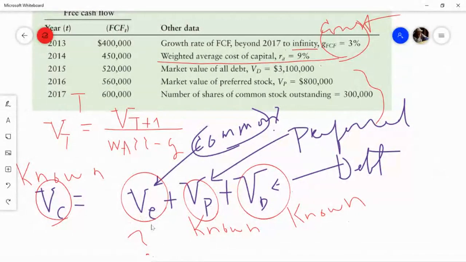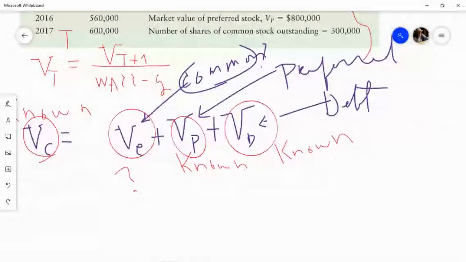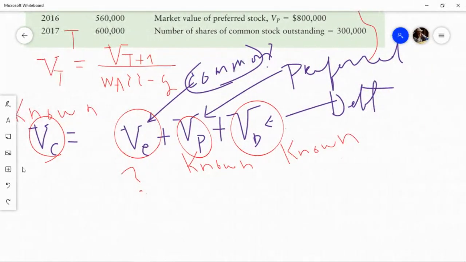So isn't this the market value of the company? And then isn't this the market value of the equity? Yes and no. But in this model, it is yes. Why?